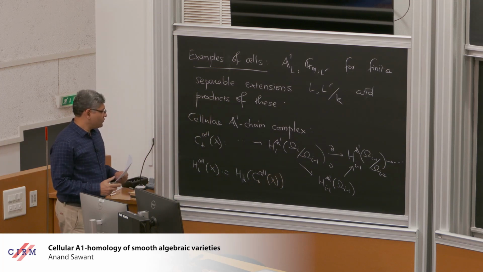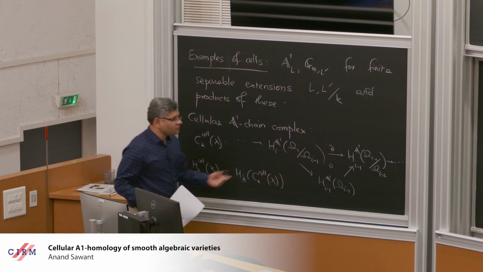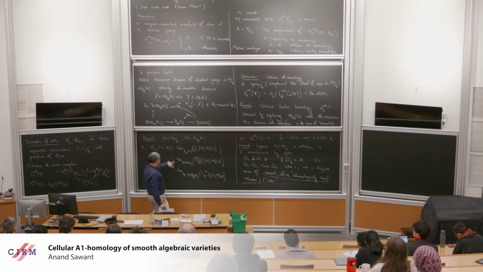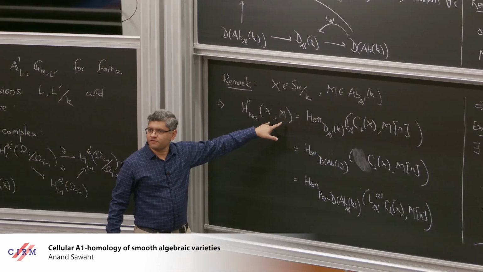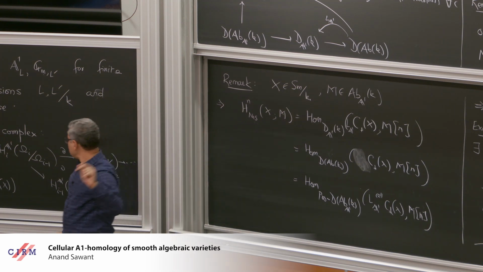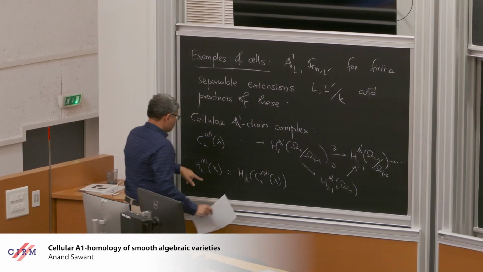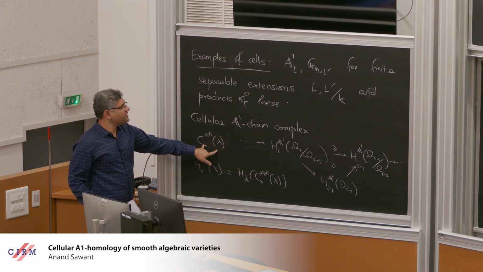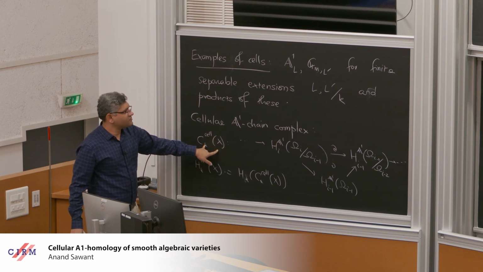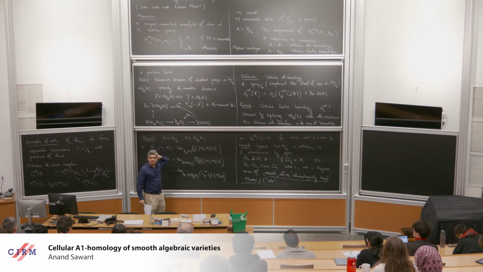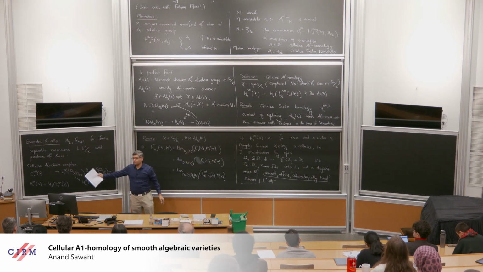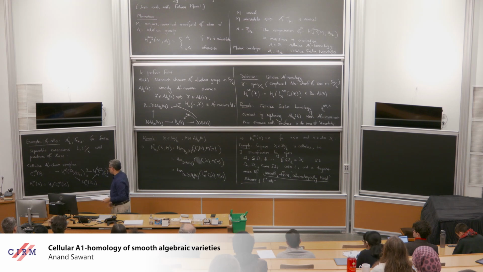And if you look at the spectral sequence for the stratification, you can see that this cellular A1 chain complex, in case X is a cellular scheme, is a model for LA1 cell of X. In other words, LA1 cell of X happens to be a pro-constant object. It's quasi-isomorphic to this one in this case.